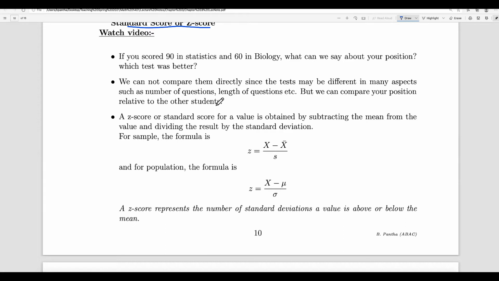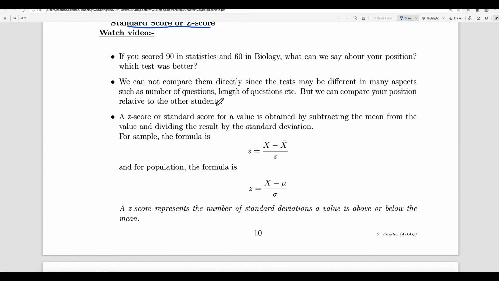Is your score below the average or greater than the average? Because out of 100, if you score 90 but the class average is 95, then you scored below the average. But in biology, if the average score is 55 out of 100, then your score is above the average, meaning that your position is better there, right?